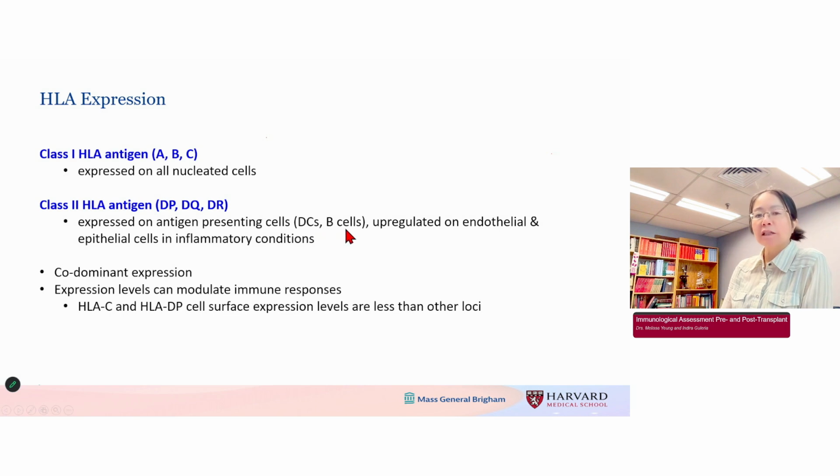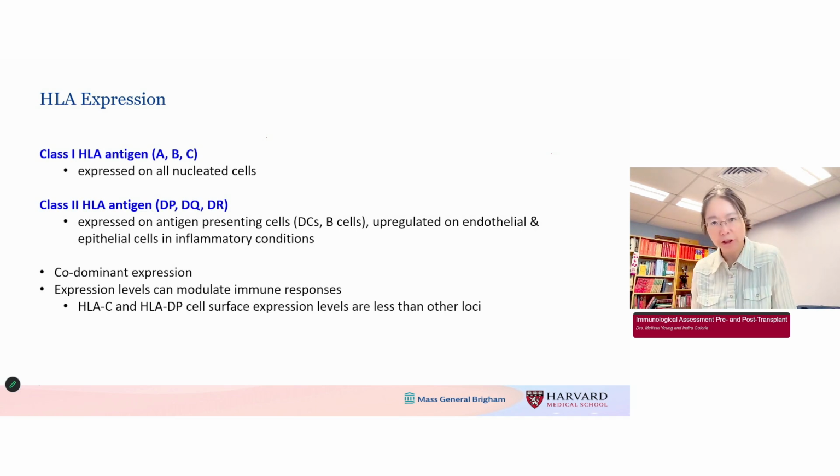Predominantly, they're ubiquitously expressed on antigen-presenting cells like dendritic cells, monocytes, B cells. But the reason they become important in solid organ transplant is that they can become upregulated on endothelial and epithelial cells under inflammatory conditions. And of course, as we all know, IRI is the perfect inflammatory milieu.